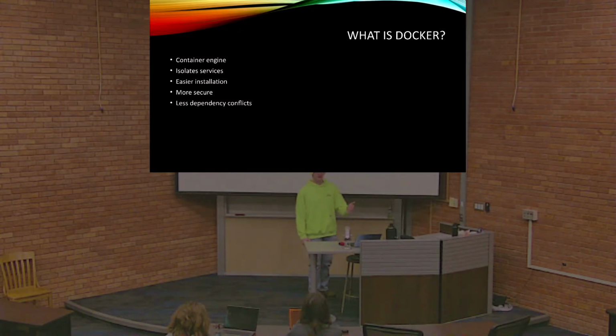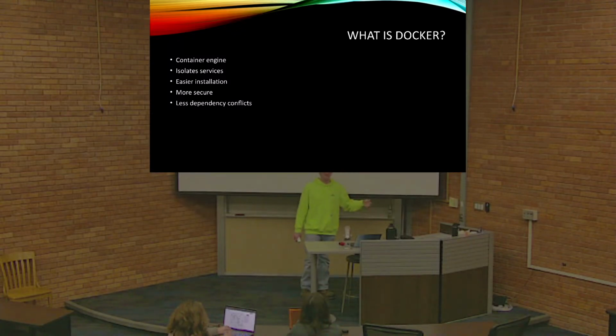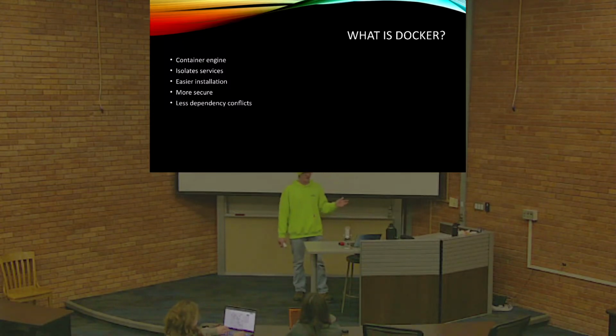With Docker, the idea is that you can package a single service into a container, and then just put that container on your machine. You do that for 100 services and 100 containers, and they can all interoperate with each other really fancy. Because of the way Docker's set up, it makes it a lot easier to install these containers.